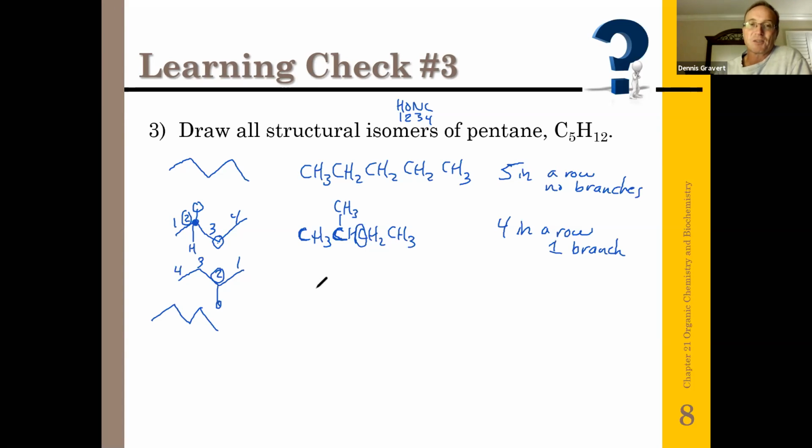All right, but we can do three in a row, and then we can put two branches on. So three in a row. That's just a central carbon with CH3s coming off of it.